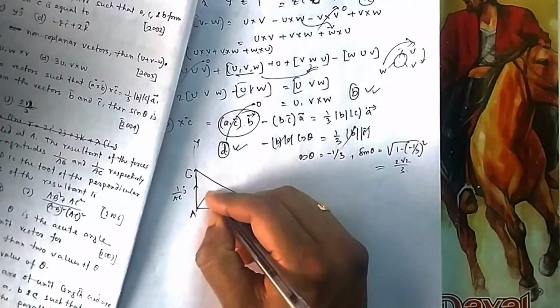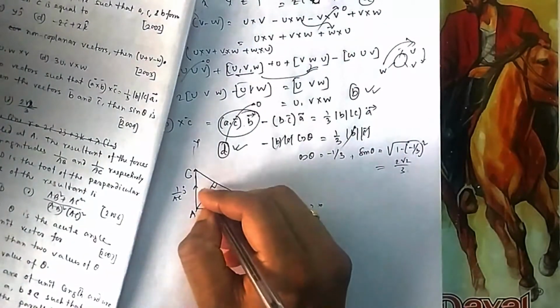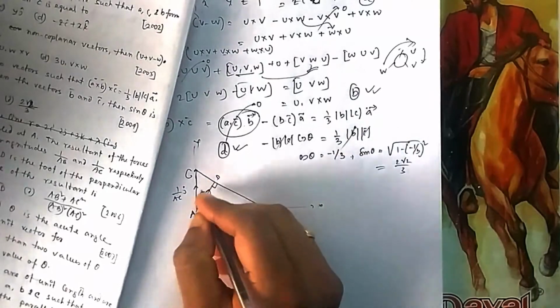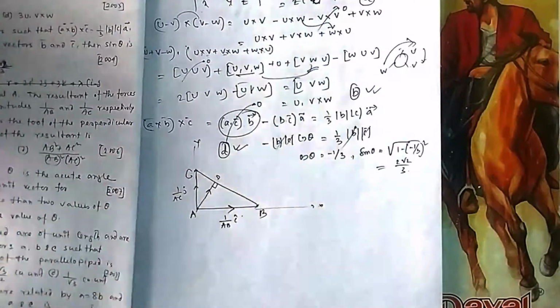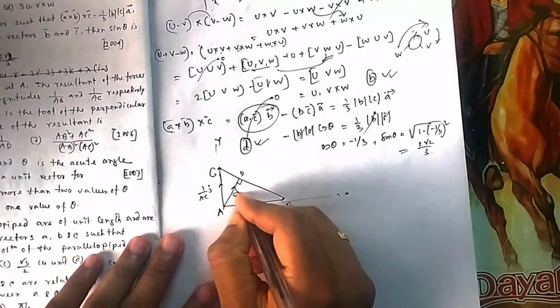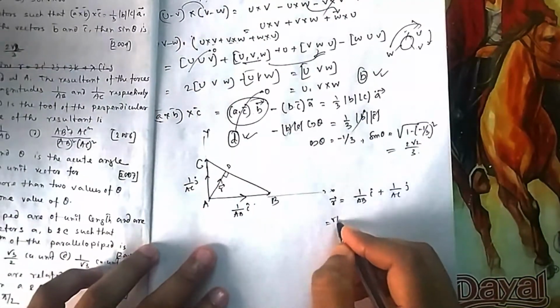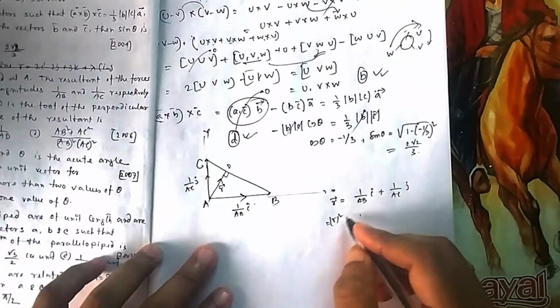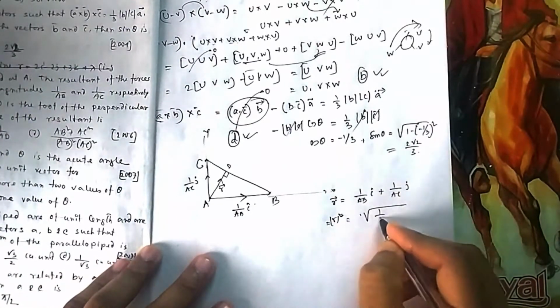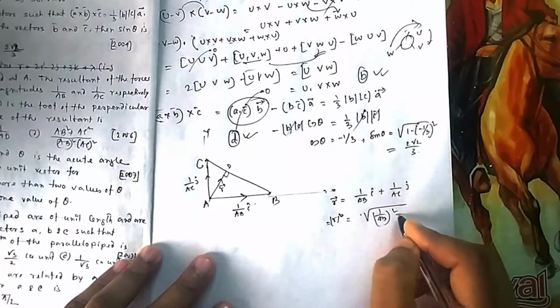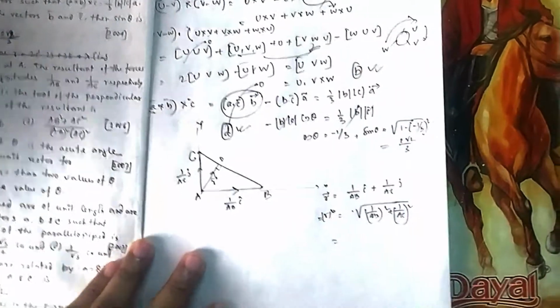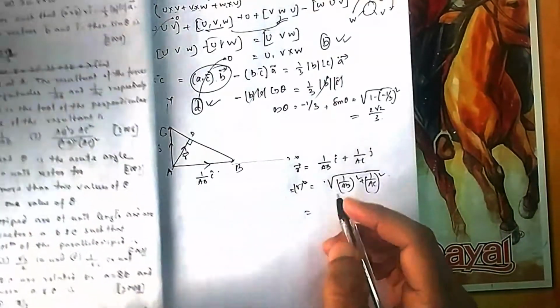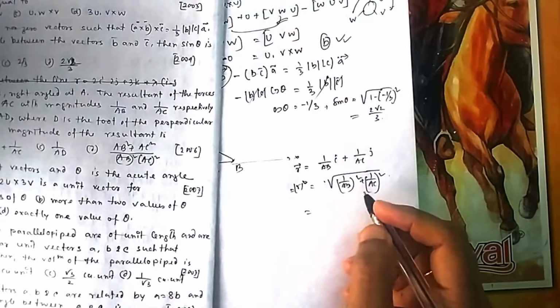So this is D, and the resultant is in this direction. The magnitude of the resultant is this plus this. So the magnitude of the resultant will be, under root, 1 by AB whole square plus 1 by AC whole square.